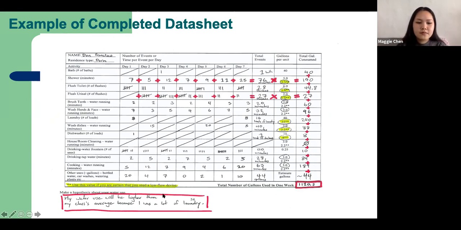So say, my water use will be higher than my class's average because I did a lot of laundry, or maybe I cooked a lot and I washed more dishes than usual, or something like that. So you would write your hypothesis at the bottom here. But that is basically it for the water use sheet. Did anybody have any questions about that?